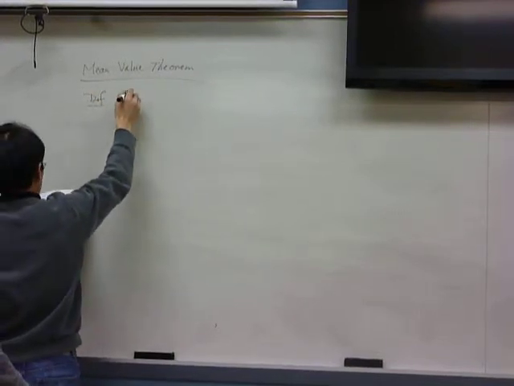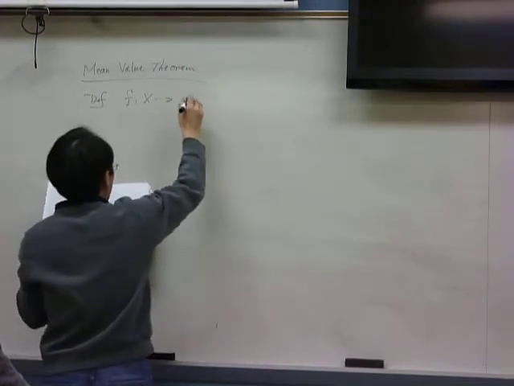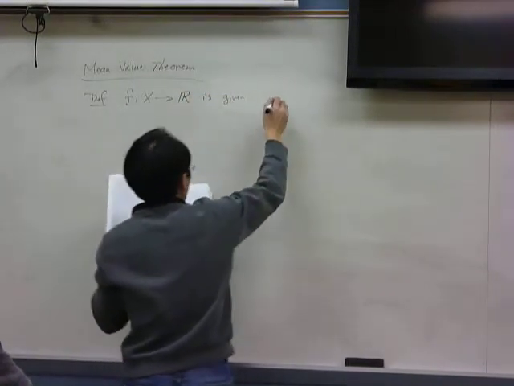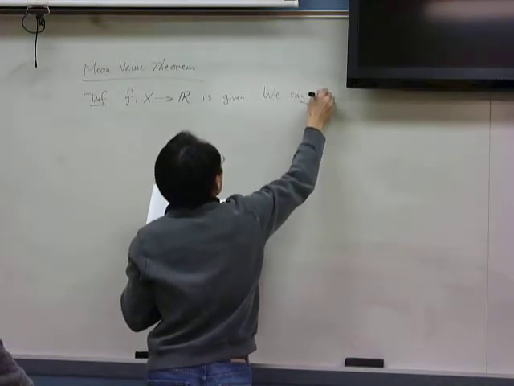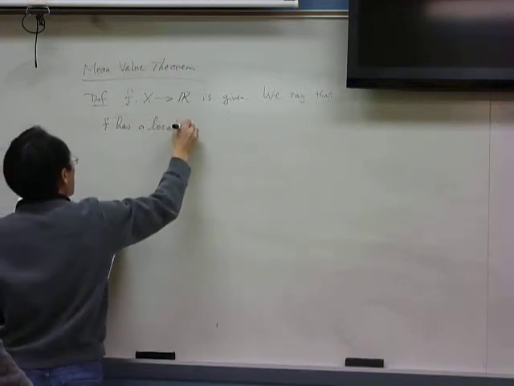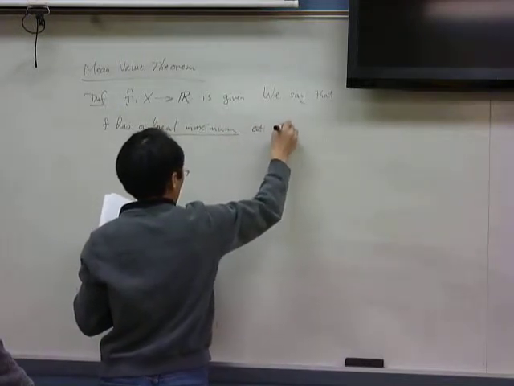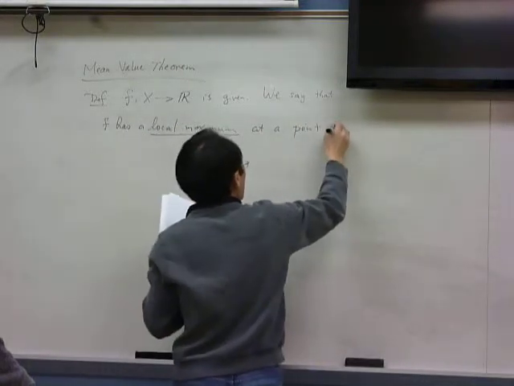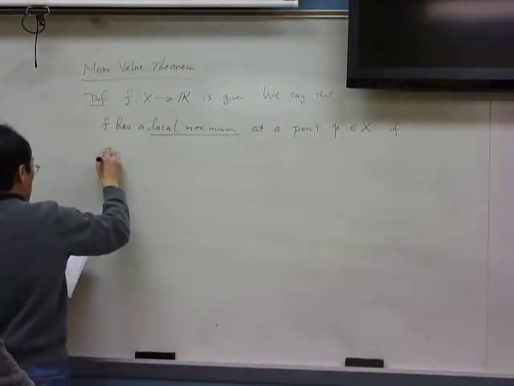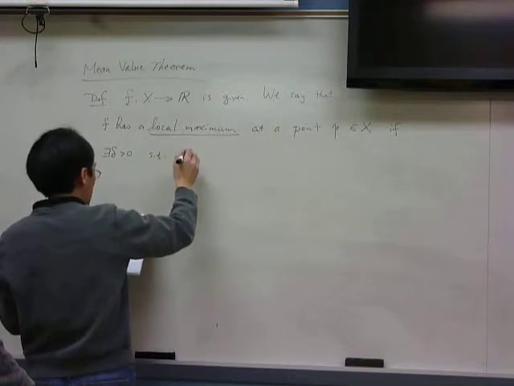Define local maximum and local minimum. Suppose f is defined on X, taking values in R. We say that f has a local maximum at a point P in X if there exists a neighborhood with radius delta so that f of P is the largest value.